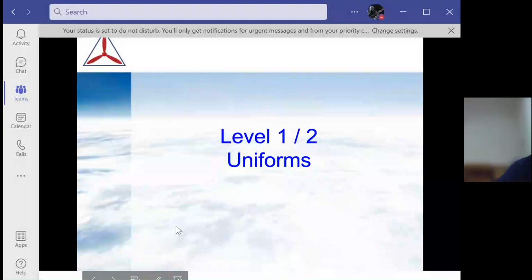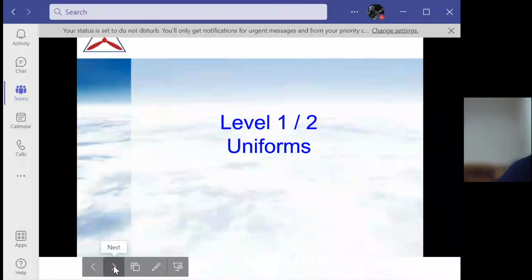Okay. So this is the 1 or 2 uniforms. If you do this one and get into level 2, I'll update it so that you get the credit for level 2 for this one, just because it covers everything.